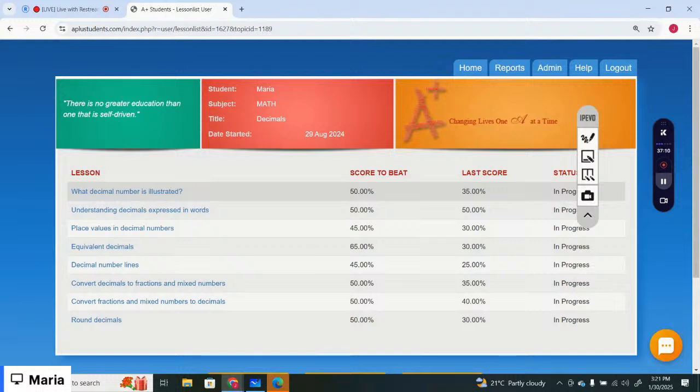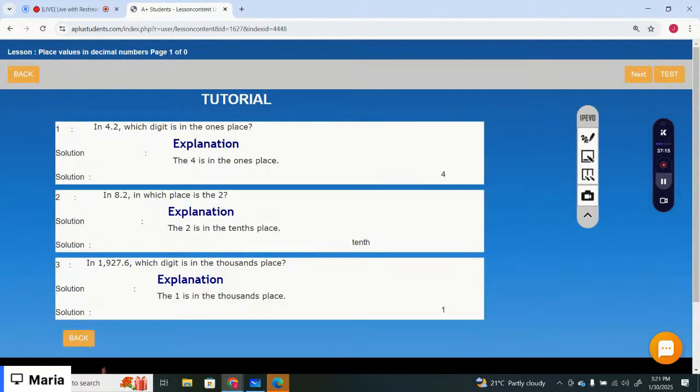The next lesson is place values in decimal numbers.